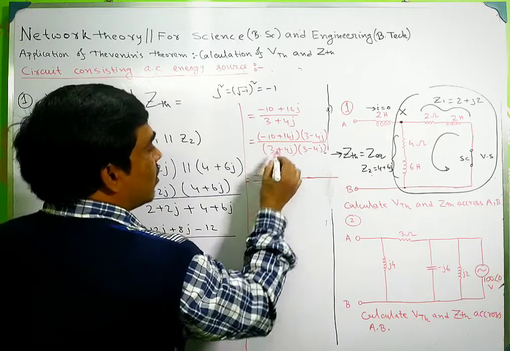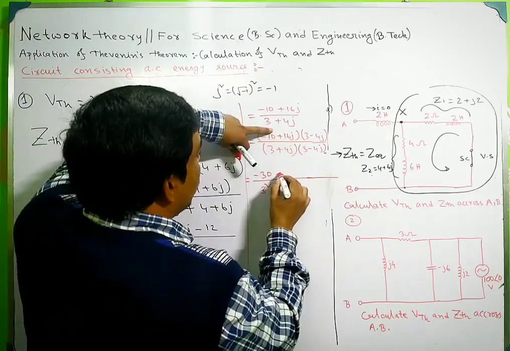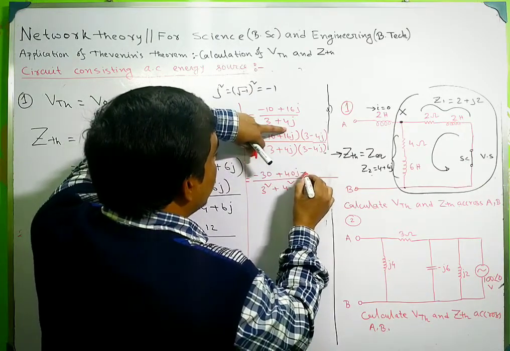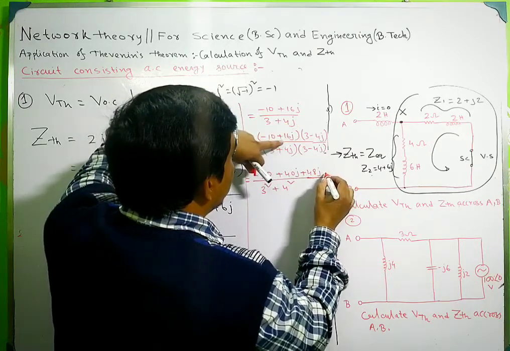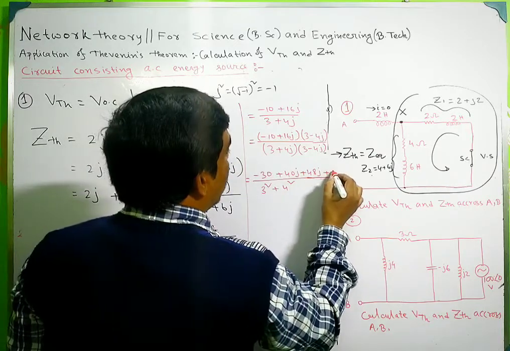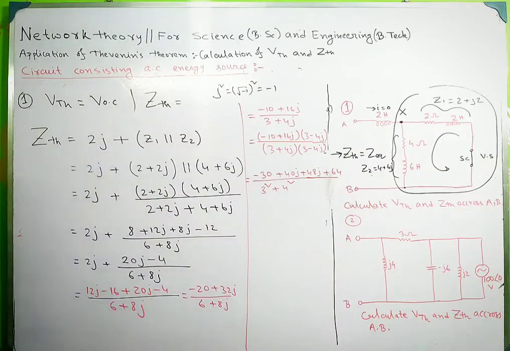So from the upper portion it can be written as minus 30 plus 40J, and this is plus 48J, and this is minus, so minus plus 64.